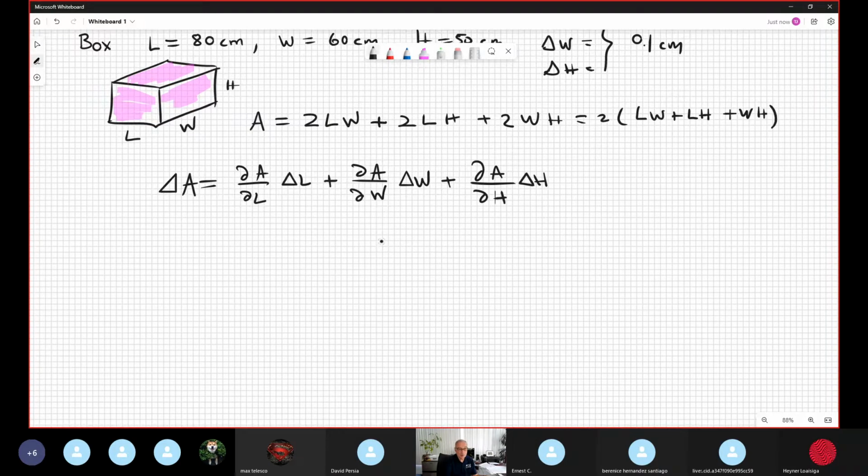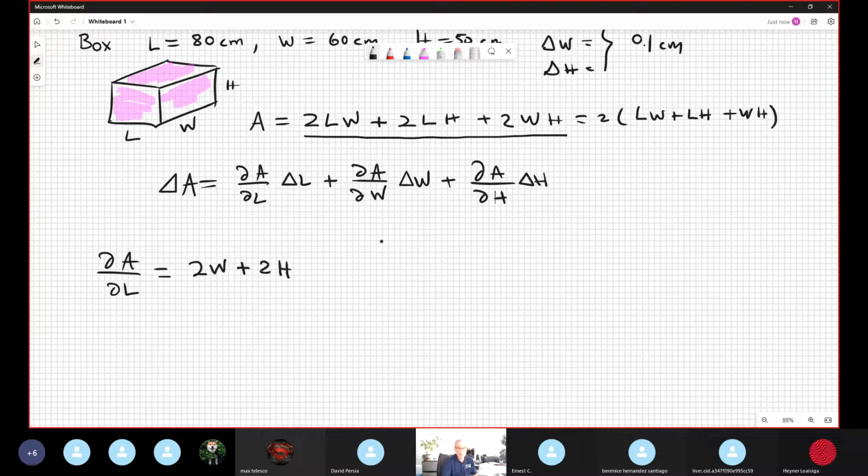Look, the partial derivative of A with respect to L, in this equation, guys, you differentiate with respect to L. It's obvious that it is 2W plus 2H. Yes or no?